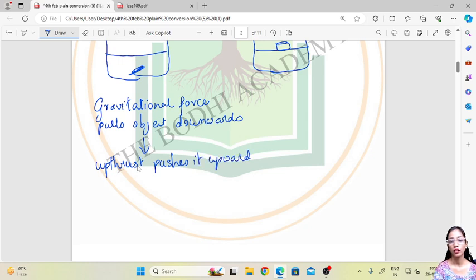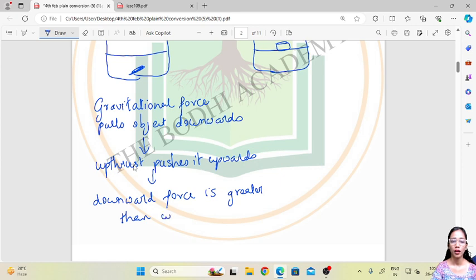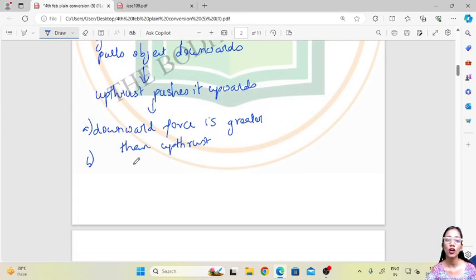But why does the iron nail sink then? Why is this upthrust not acting? Why is the iron nail sinking? This is because, first reason, the downward force is greater than the upthrust. And the second reason is that the density of the iron nail is more than the density of water.